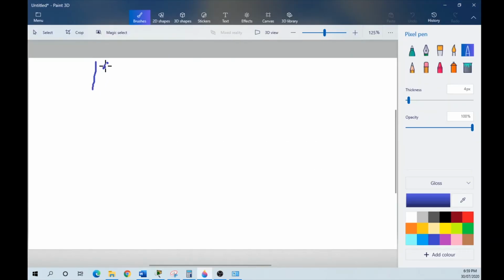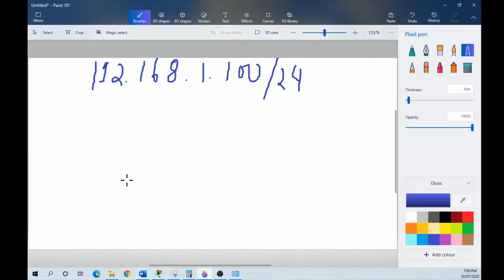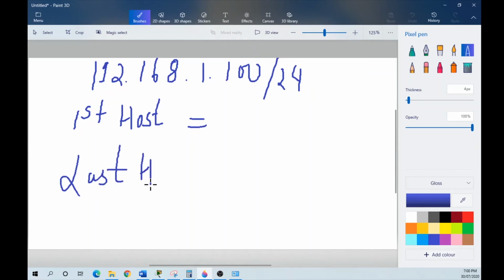Okay, 192.168.1.100. That's the host address, and the subnet mask is /24, and we need to find the first host of this network, and we have to find the last host of this network.